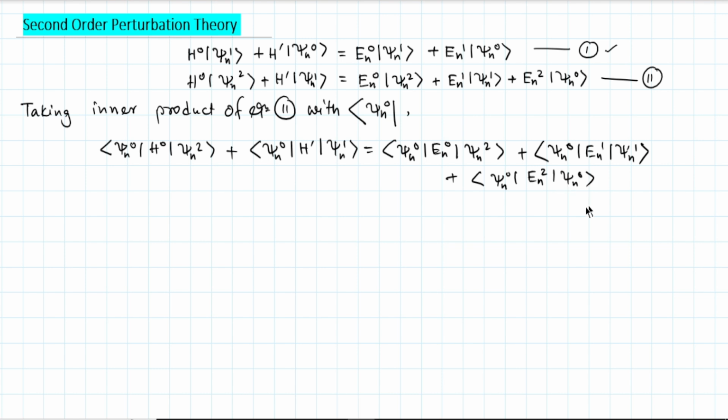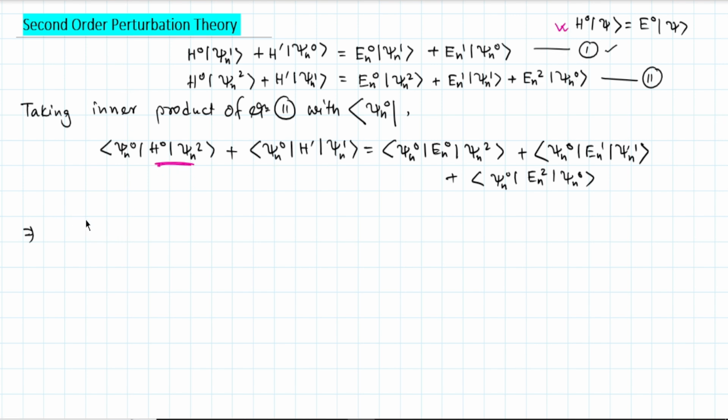<psi n 0>. So as we know that for the unperturbed Hamiltonian, if it operates with any eigenfunction, it gives the energy eigenvalue E0 with the eigenfunction. So here we will apply this rule.